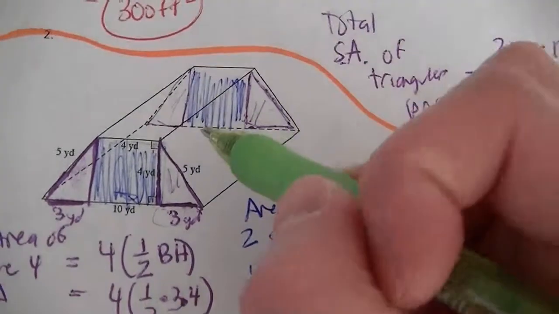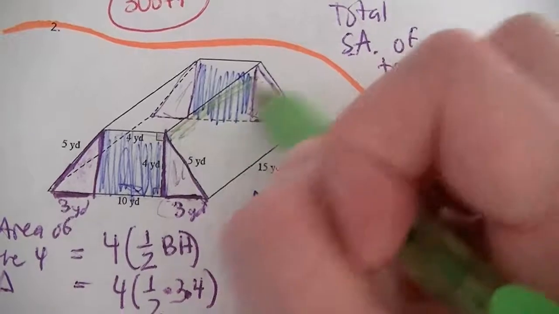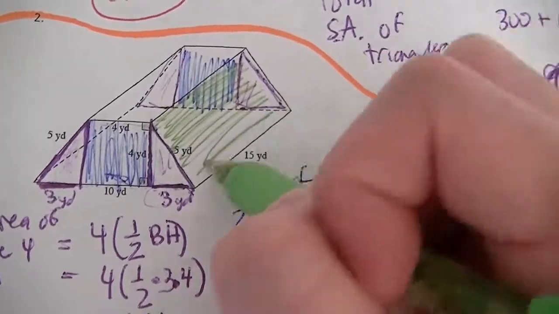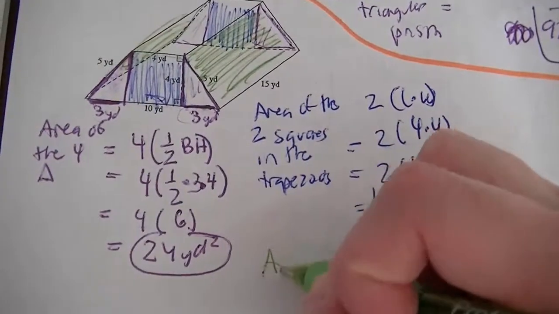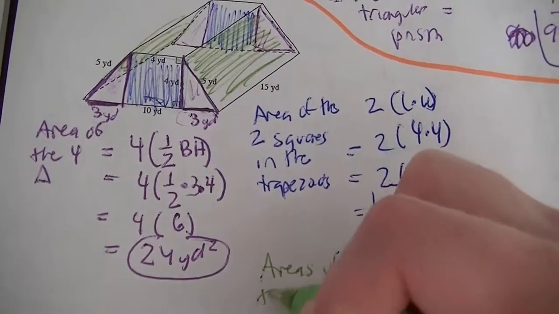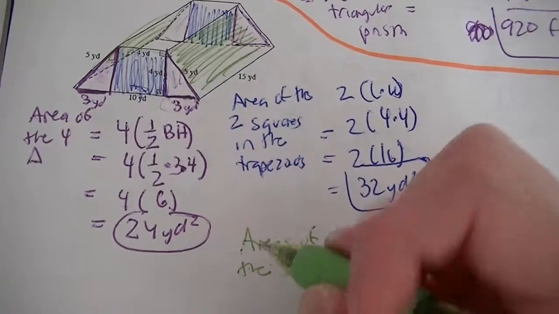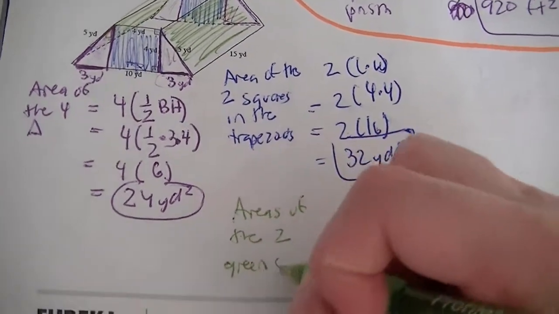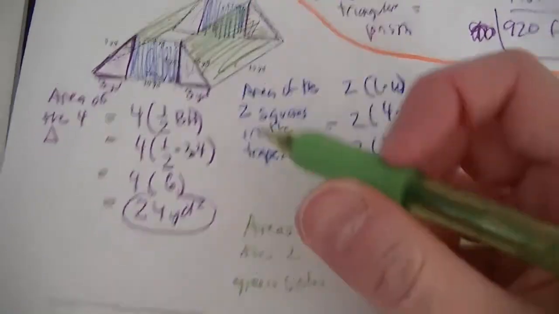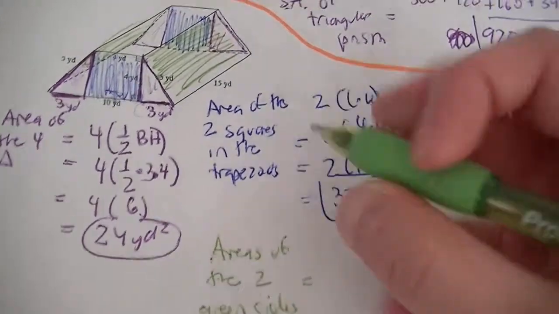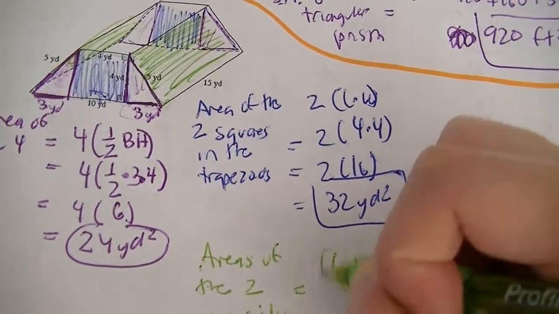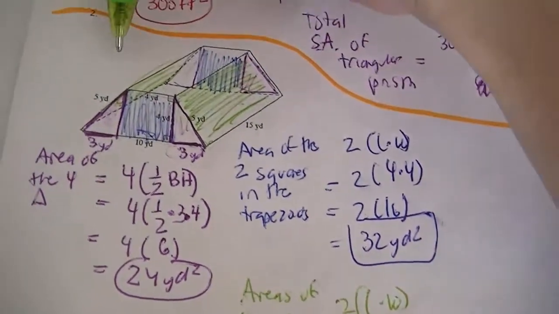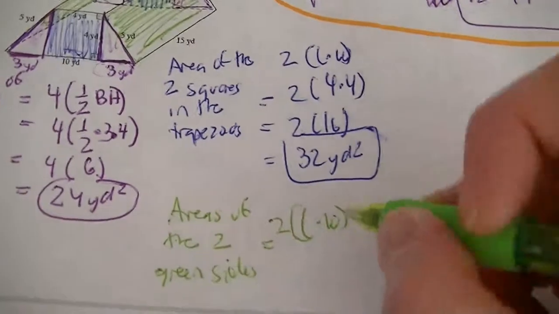Okay, now I'm going to go ahead and find the area of this right here, this rectangle. And remember, it's going to be the same as on the other side. So areas of the 2 green sides. If you didn't use the color green, then you need to call it something else, okay? And it's length times width. But remember, you have to multiply it by 2 because there's this guy that's congruent to it, okay?